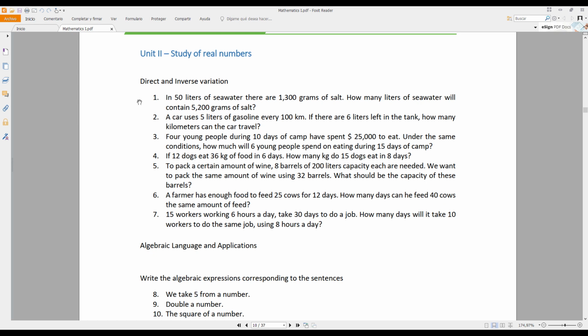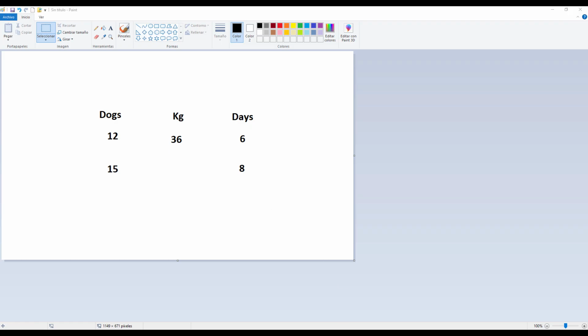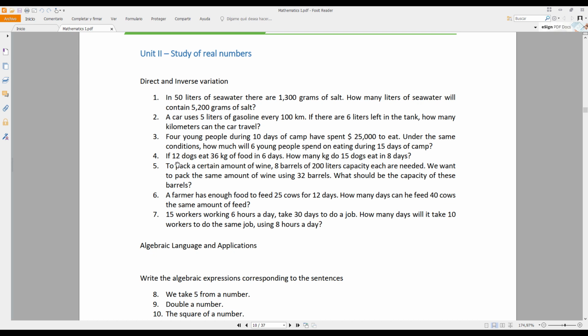So you look at the problem. 12 dogs eat 36 kilograms of food in 6 days. How many kilograms do 15 dogs eat? You increase the number of dogs.